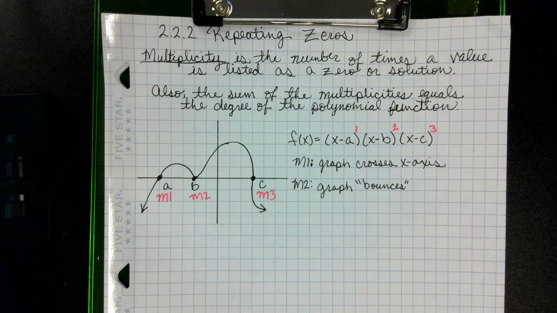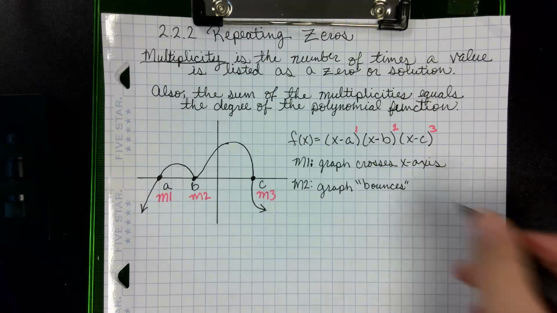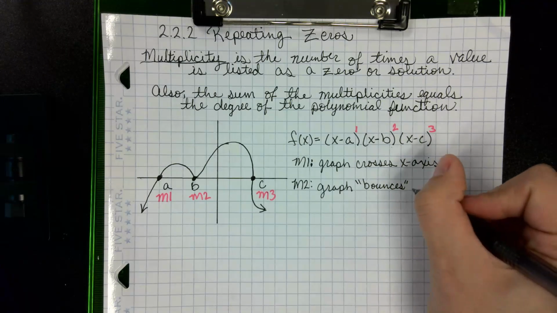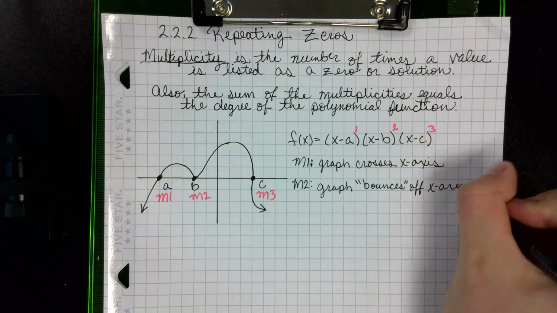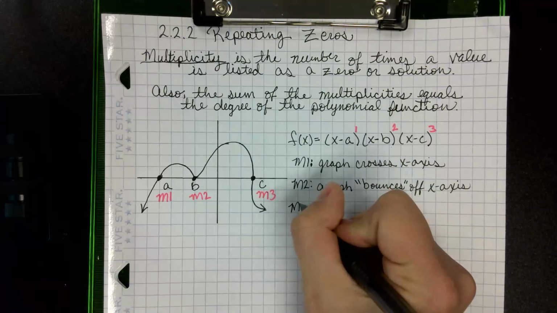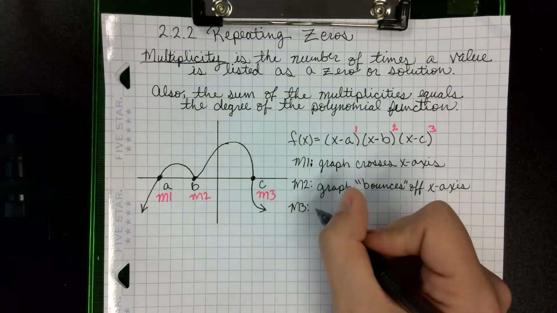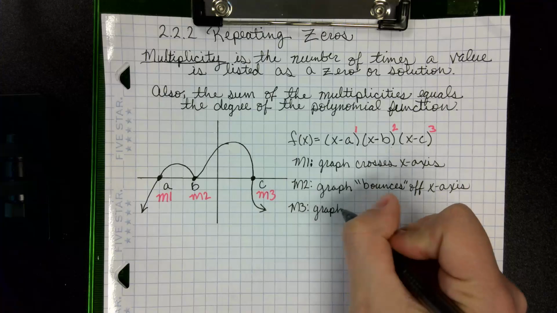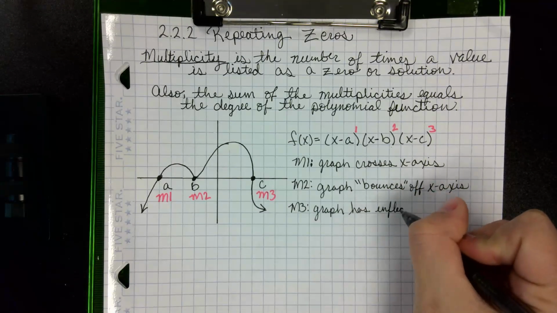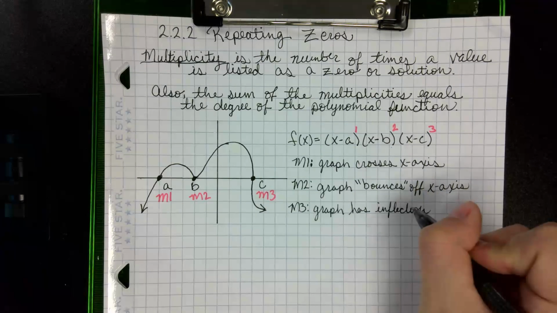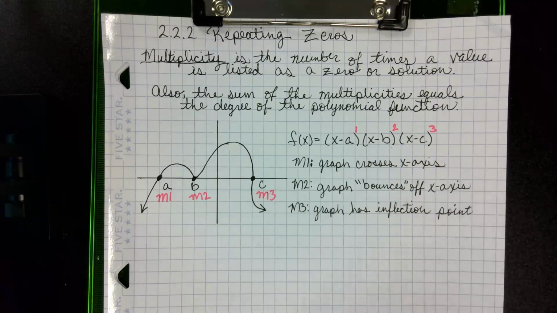Any word that makes you think of it touches the x-axis and goes back the way it came from. The graph bounces off the x-axis. And then M3 is the graph has an inflection point at that zero.